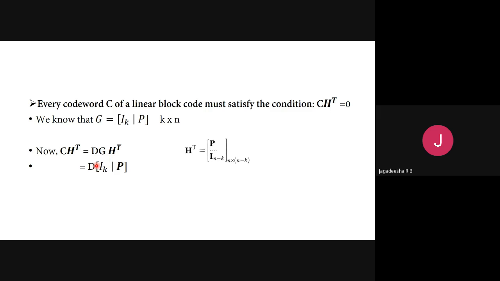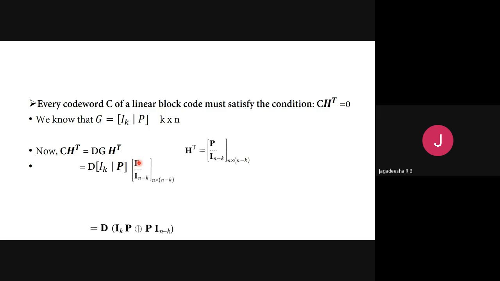Now D is the same as here. G is what? We are just expanding the basic definition of G as a combination of I and P. And what is H transpose? H transpose consists of the P matrix at the top part of the matrix, and then the remaining elements are the identity matrix. So we have D, G here, and H transpose here.